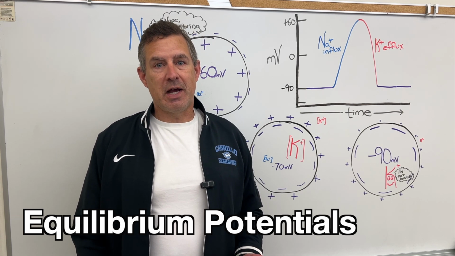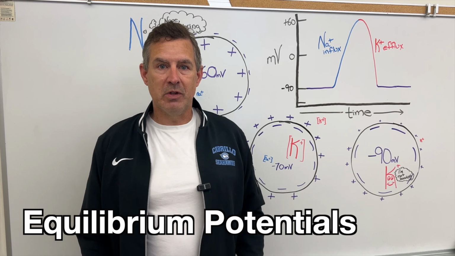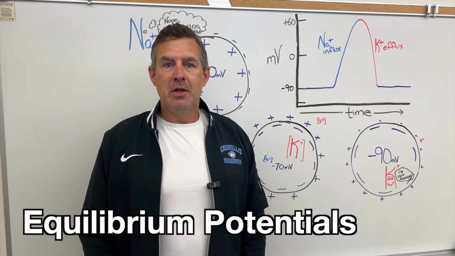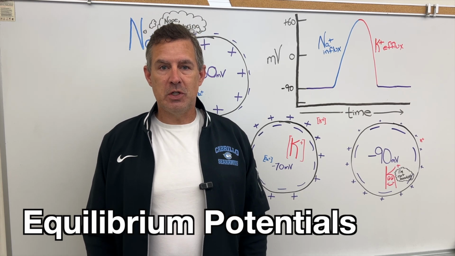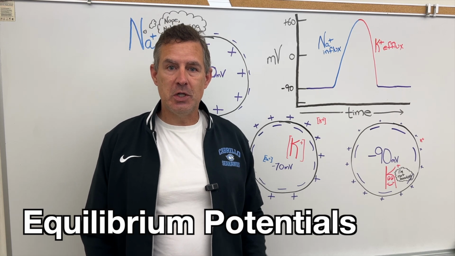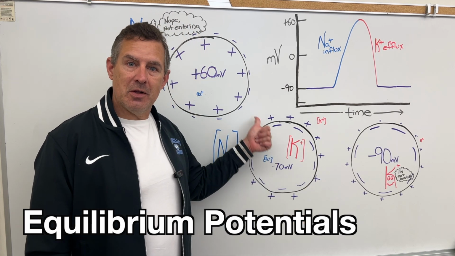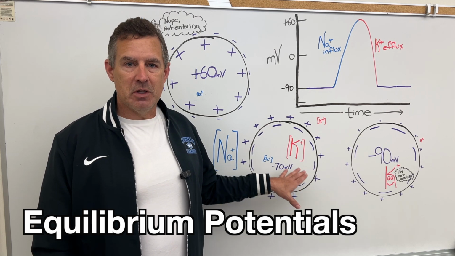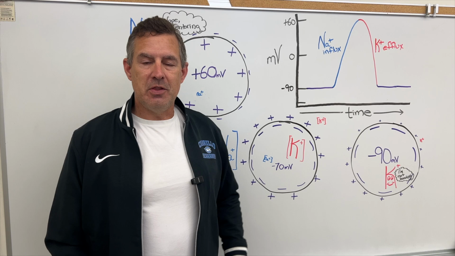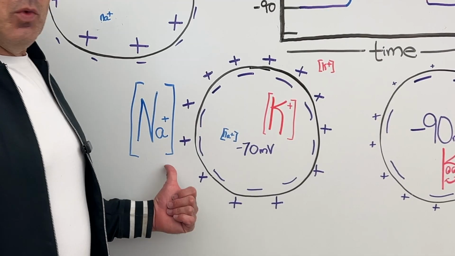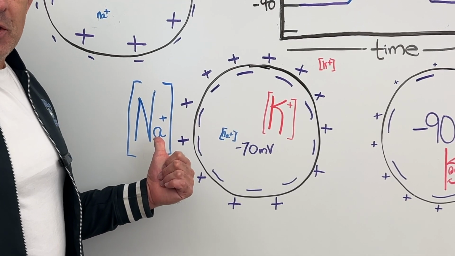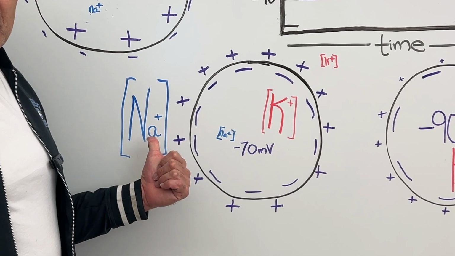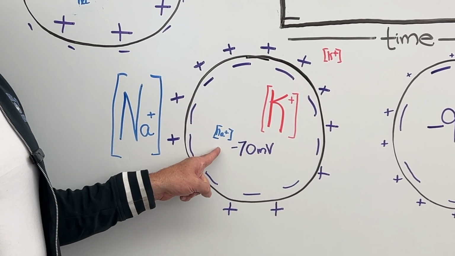At least most excitable cells, those that are selectively permeable to ions, that are capable of changing the voltage or differential in charge between the inside of the cell and the outside of the cell. So negative 70 to negative 90 millivolts represents the resting state. And once again, we have a much higher concentration of sodium outside the cell than sodium inside the cell.